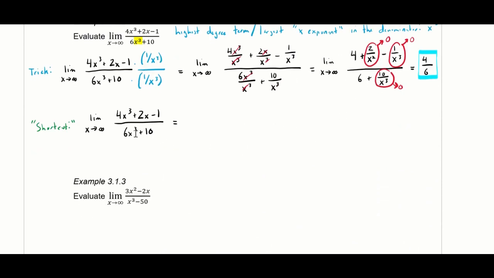The leading coefficients, the top or highest x exponents, are this 4 times x cubed and this 6 times x cubed. So I can basically just ignore everything but those first terms, which is going to give me the limit as x goes to infinity of just 4x cubed over 6x cubed. Well, those x cubed terms are going to cancel each other out, and we're left with a limit of 4/6, or again, 2/3. Either one is fine.